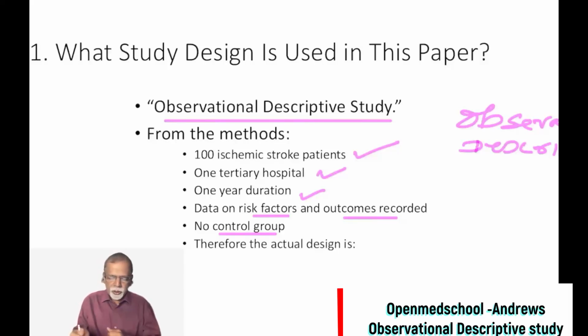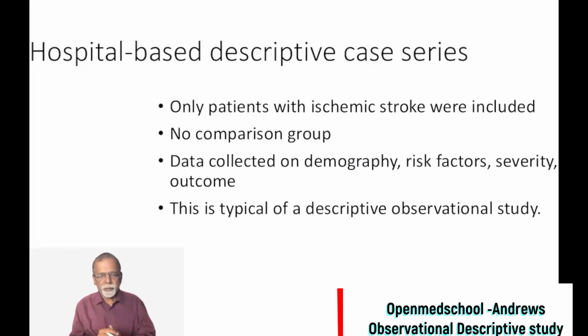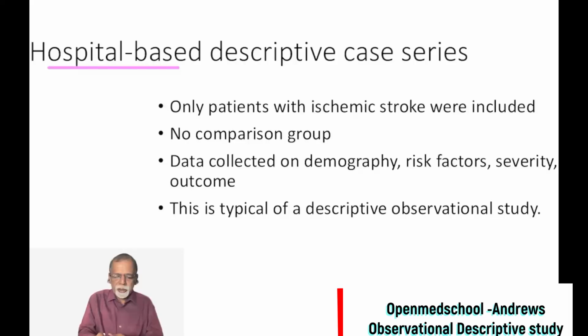So what are the observational descriptive studies? You divide them into, one is the case report, second is case series, and third is cross-sectional studies. So let us go a little more into the details. These are actually hospital-based descriptive case series.